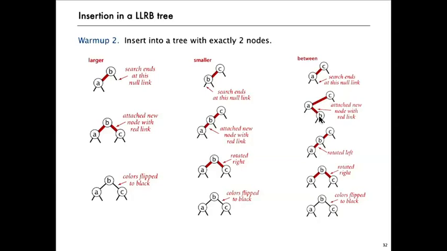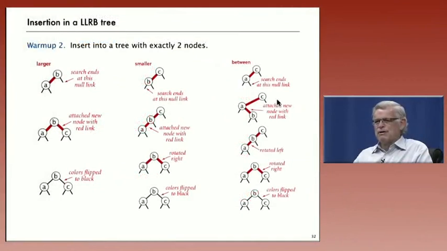What we do is we rotate the bottom link left. And that gives us this, and reduces it to the other situation that we had before. And then we rotate the top link right, and then we flip the colors. So this one we use all 3 of our operations: rotate left, rotate right, and flip the colors.